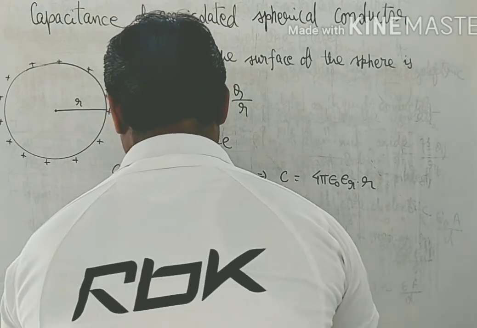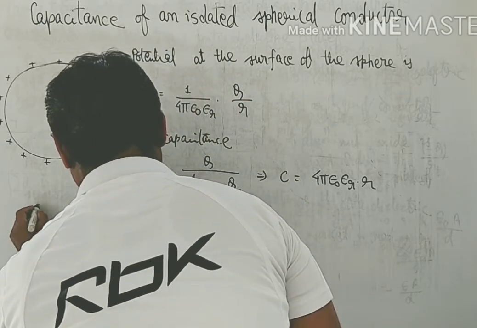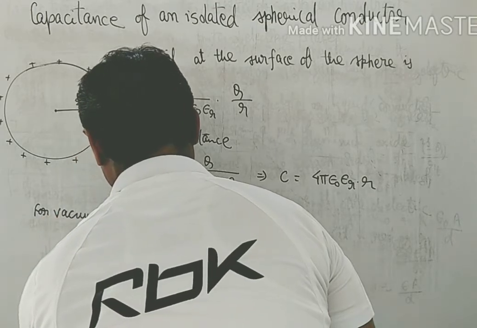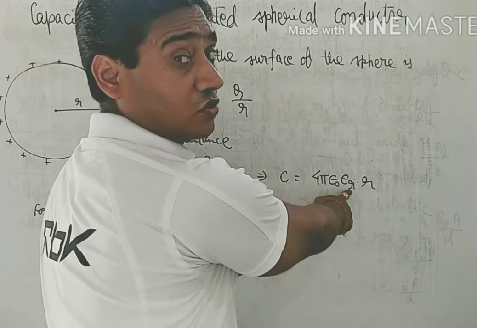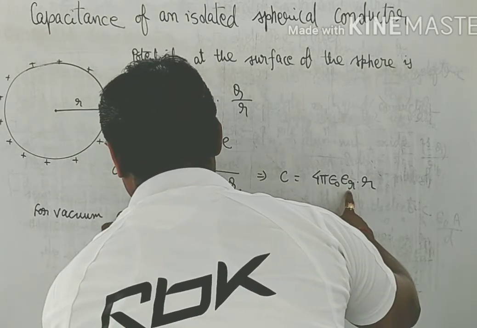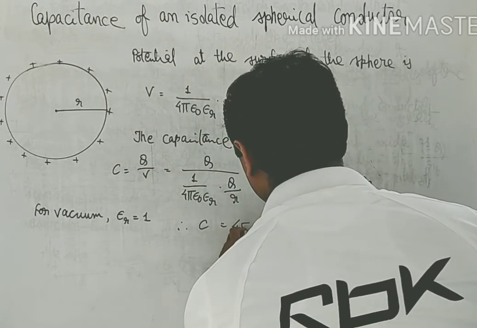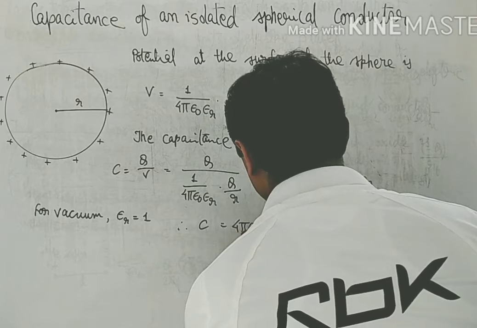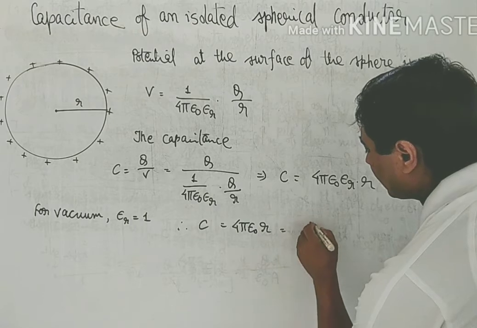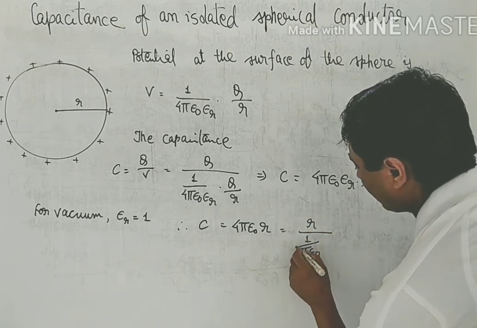Now moving ahead, you can further proceed with this for vacuum. The relative permittivity of vacuum is 1, epsilon r equals 1. Therefore C now is 4 pi epsilon naught into r. Else you can have it as r upon 1 upon 4 pi epsilon naught.